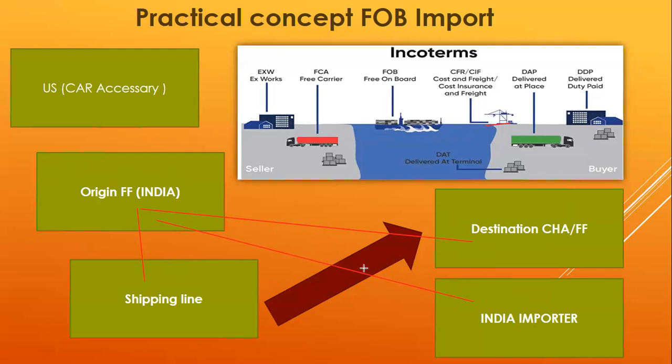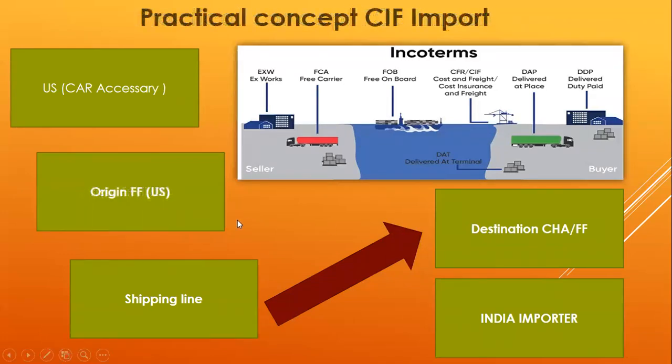So guys, we have tried to understand the practical concept in FOB shipments. In the next session, we will also have the same kind of practical example for a CIF shipment. We will understand that in the next session.